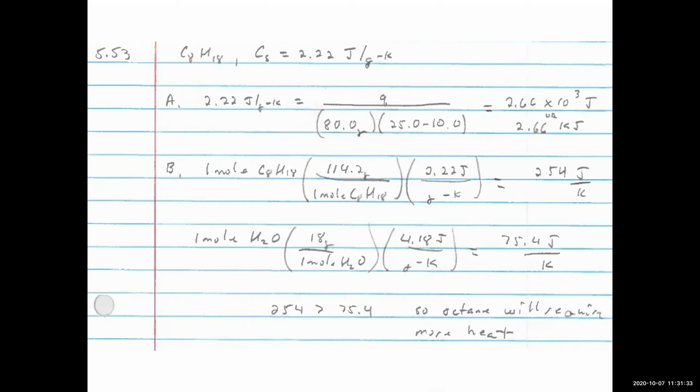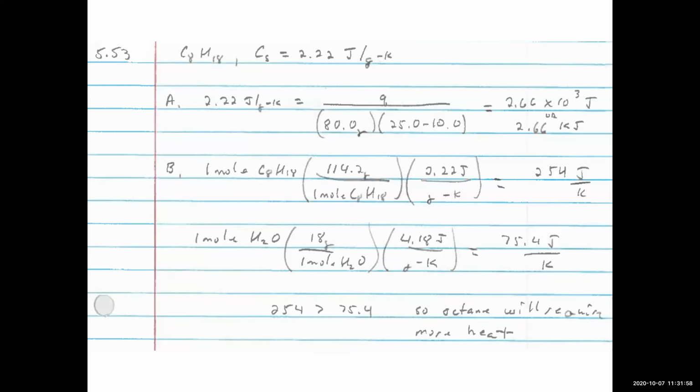Then in B, they're asking us, which will require more heat? Increasing the temperature of 1 mole of octane, or increasing the temperature of 1 mole of water. So we want to go ahead and do the calculation for each of those. So first, let's do the octane.